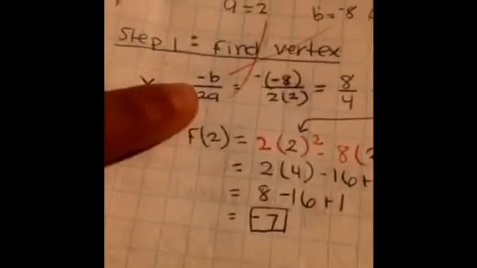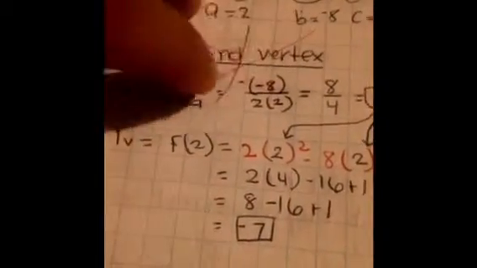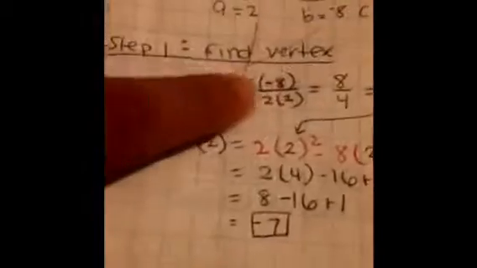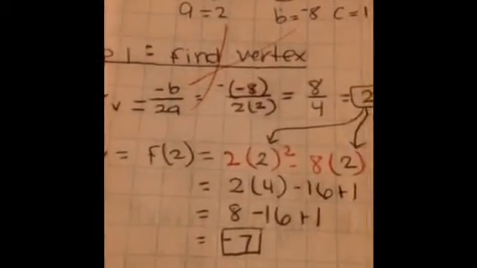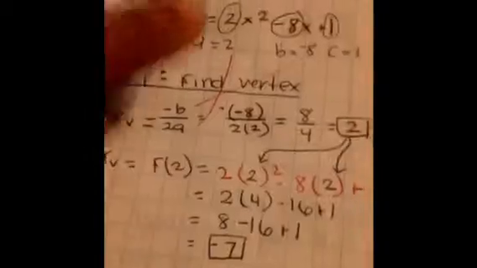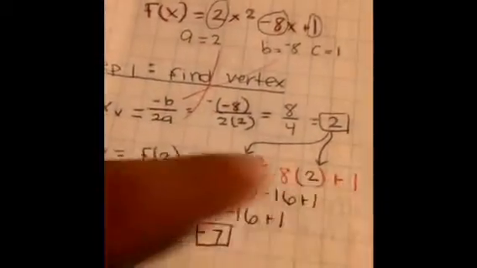The first step to finding the vertex is to take x = −b/2a: plug in your b, which is −8, and your a, which is 2, which gets you 8/4, which is your answer, and plug it in for x. So here, here, and here.